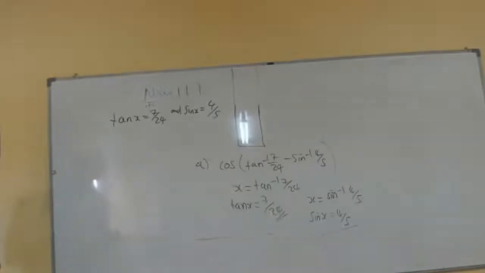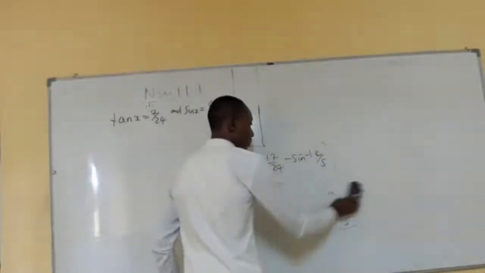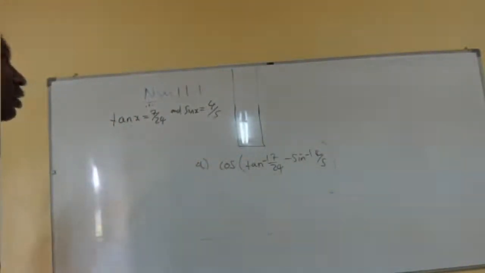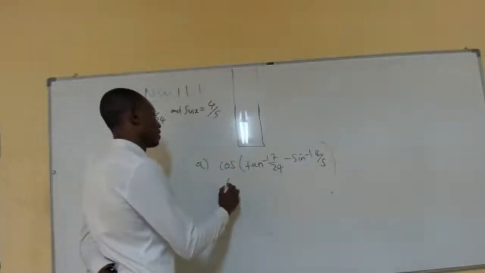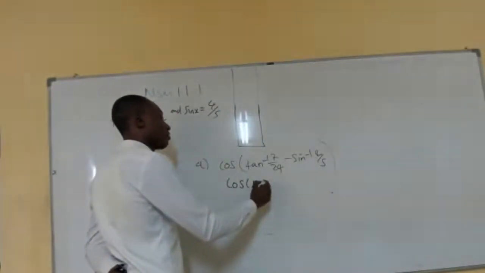Now we're going to make reference to the identities that we have. We need the cos identity. By use of the trigonometric identities, what is cos of A minus B?